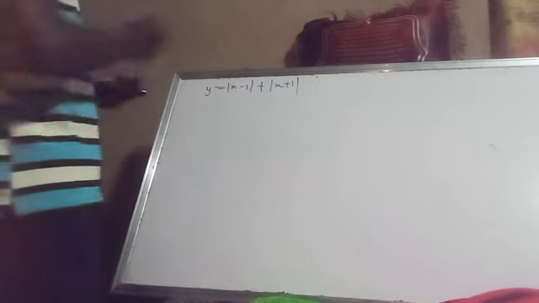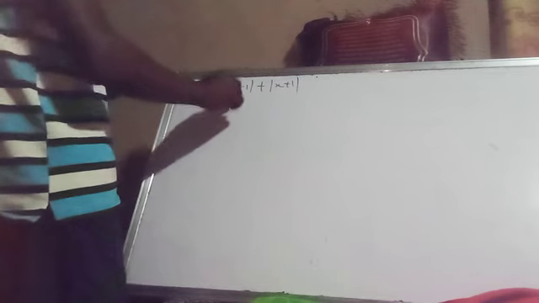Let's clean everything here so we have enough space. The second question says y is equal to absolute value of x minus 1 plus absolute value of x plus 1. Now let's define this. You can take it one by one. Let's start with x minus 1.